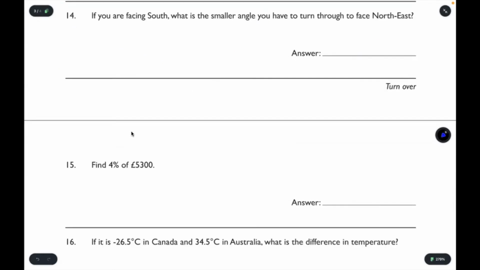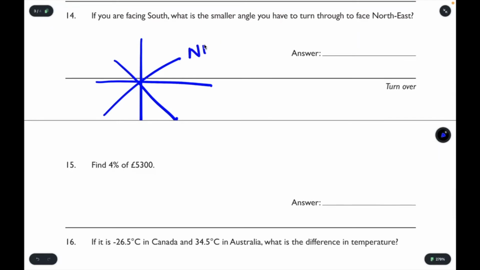14. If you are facing south, what is the smaller angle you have to turn through to face northeast? So let's imagine our compass points. The two that we need to look at here are northeast and south. Now, to get from south to east, we have to go through this 90-degree angle here.